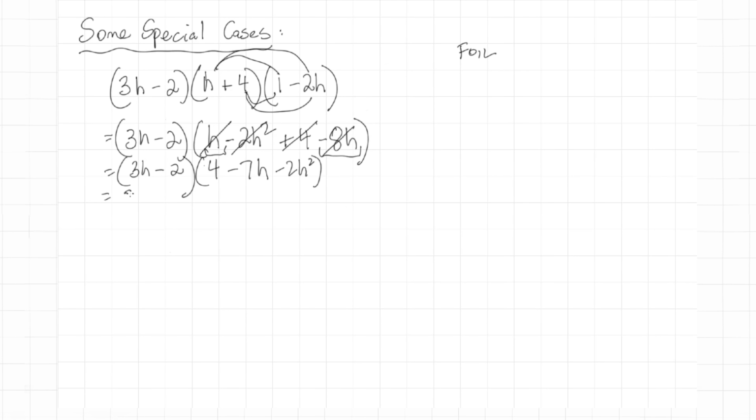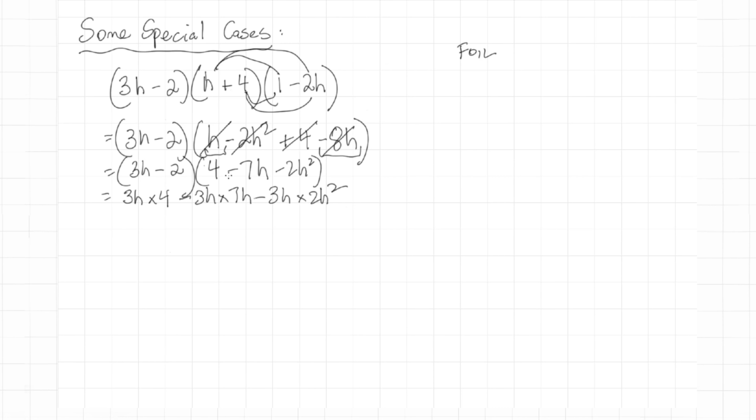So that will be 3h times 4, minus 3h, now that minus came down here, 3h times 7h. Minus 3h times 2h squared. Okay, so that's just the 3h times each of those.